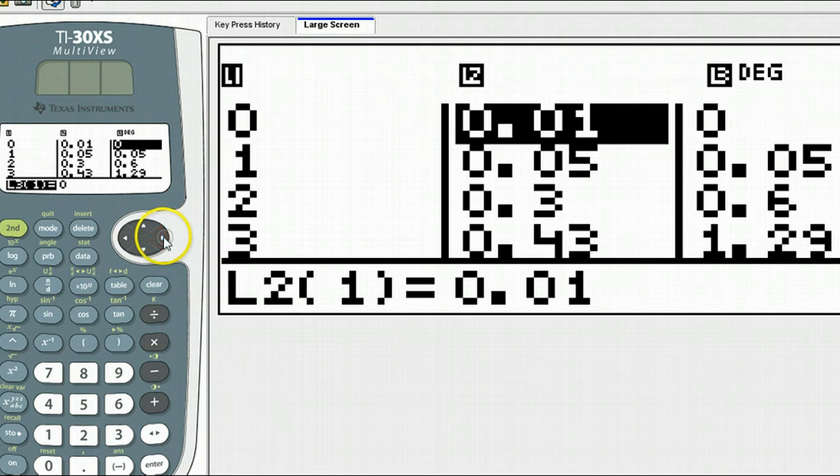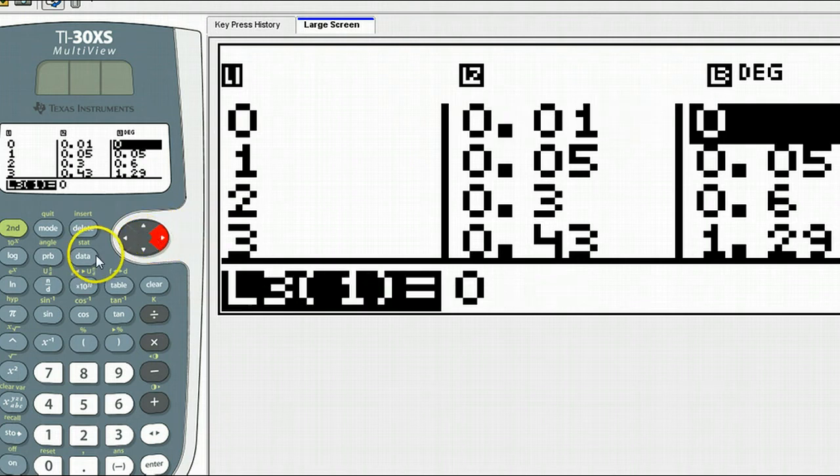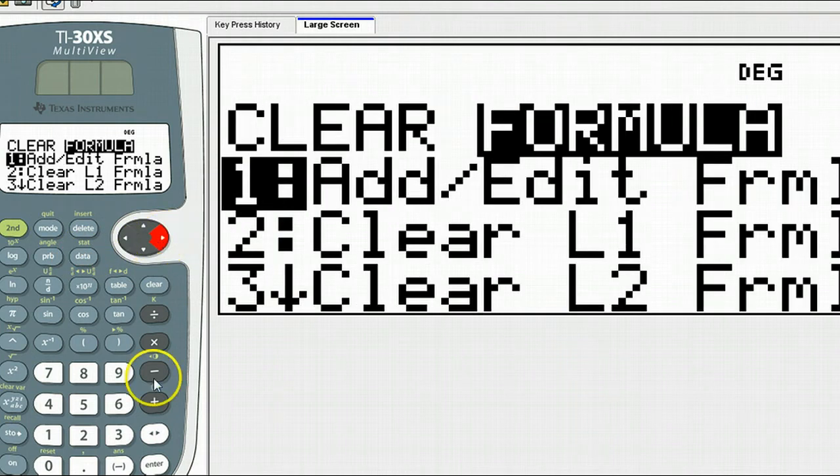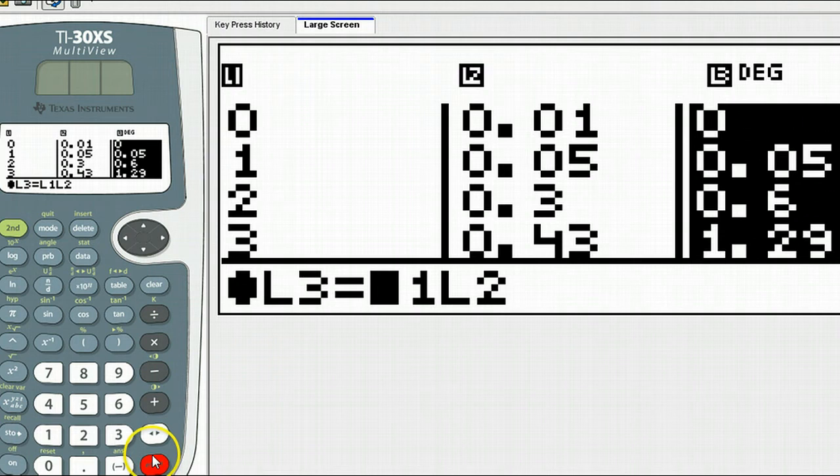Using the table feature, I just need to change the list 3 formula. So if I hit data, go over to the formula area, hit enter. Here's the formula that you're dealing with. But this is the formula for the mean. So let's change it to be the formula for the variance, which is open parentheses.